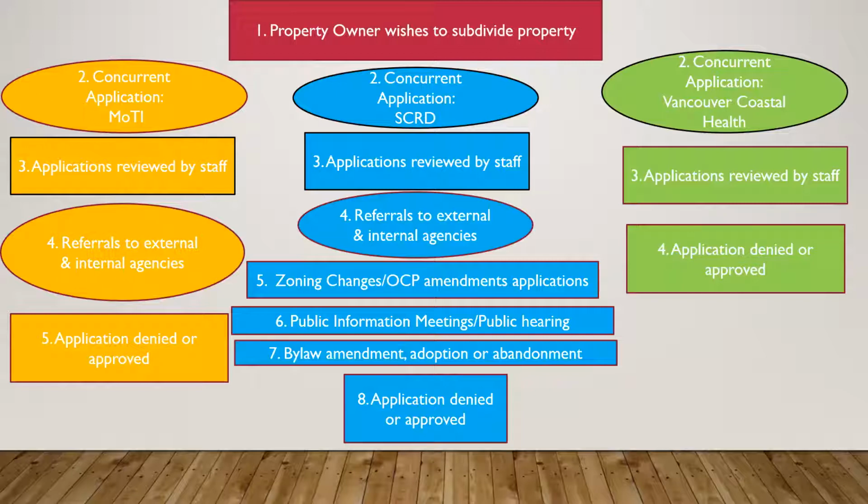It still gets referred to the Area Planning Commission as an informational item, which gives them an opportunity to comment, but there's no approval needed by the regional district as long as it fits in already with all of the zoning bylaws and the official community plan that's already set by the regional district.